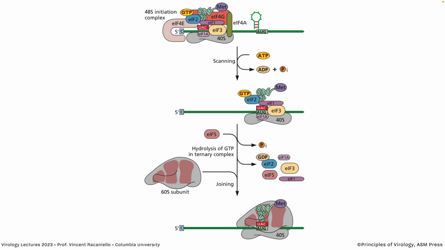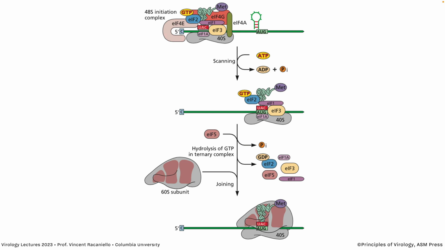A big complex of proteins assembles at the 5' end, and it's nucleated. The assembly is stimulated by the binding of this protein, eIF4E, to the cap structure. That is crucial because then all these other proteins bind in a row. 4G binds to 4E, and then eIF3 binds to 4G, and then the ribosome, the 40S subunit, binds to eIF3. These are all protein synthesis initiation proteins.